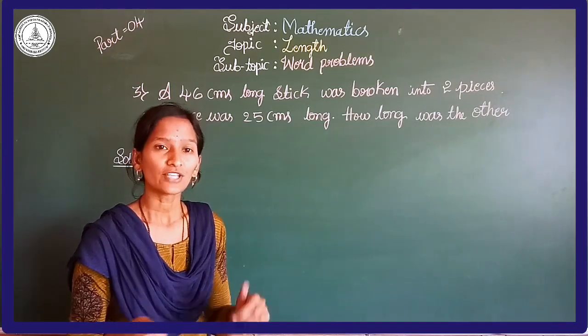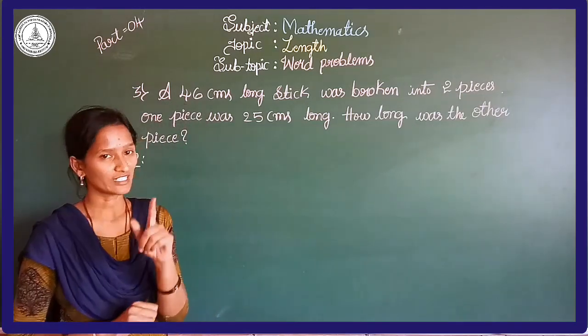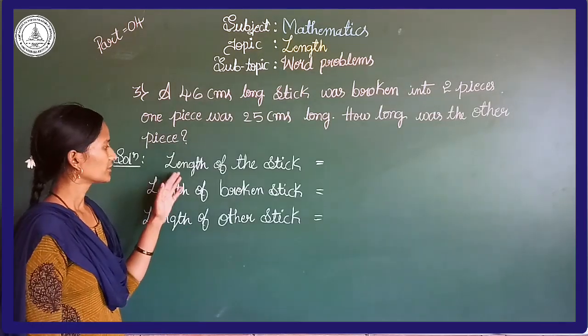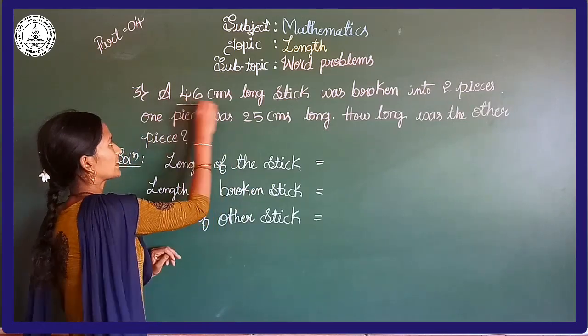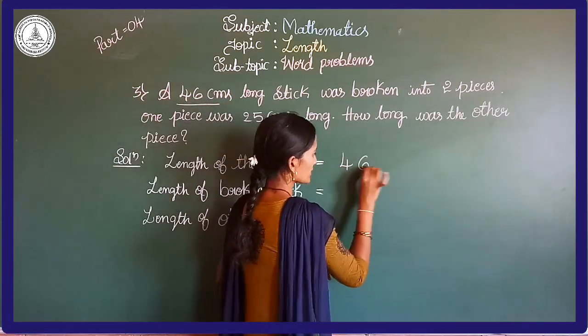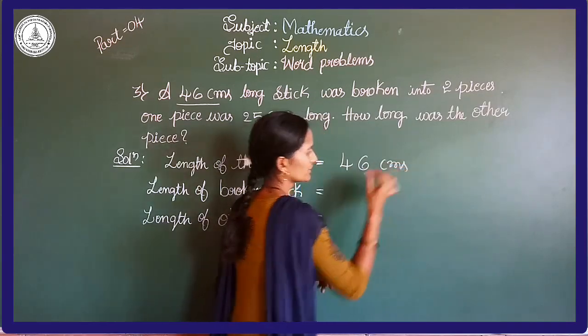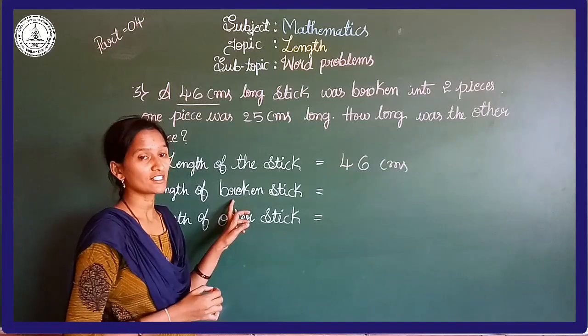So students, now you tell me, which is the first statement? The length of the stick, right? The first statement is the length of the stick. How much? It is 46, right? So write down here 46 centimeters. Next, the length of the broken piece.